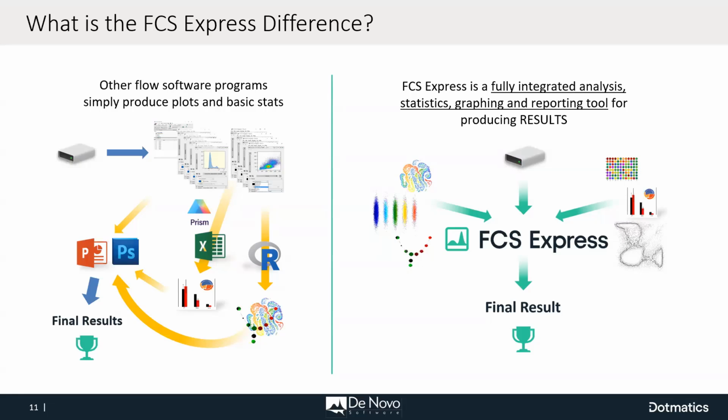So there's a lot of steps you're going through before you get that final result. And what we're going to show you in FCS Express today is that we're fully integrated for analysis, statistics, graphing, and reporting, and/or getting results out to the tools and the software packages you need in a directly integrated way. And that's the big FCS Express difference. One place to rule them all to help you get that final result.